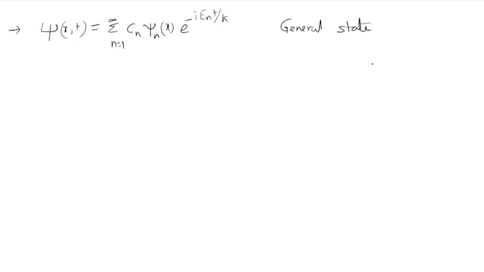Mostly we don't know where the system is. So when you don't know where the system is and you make a measurement, let us say a measurement for energy, you have to be specific.